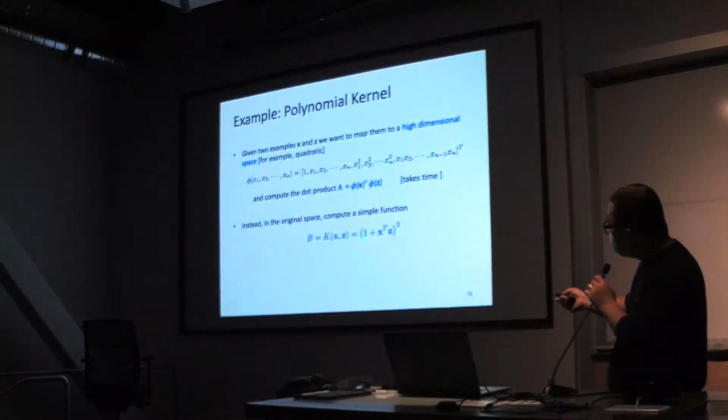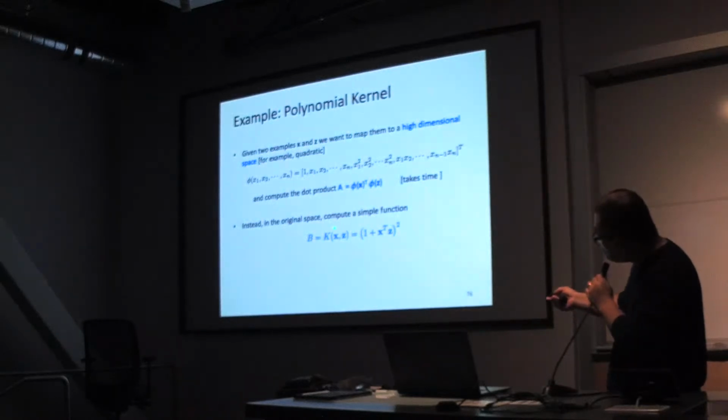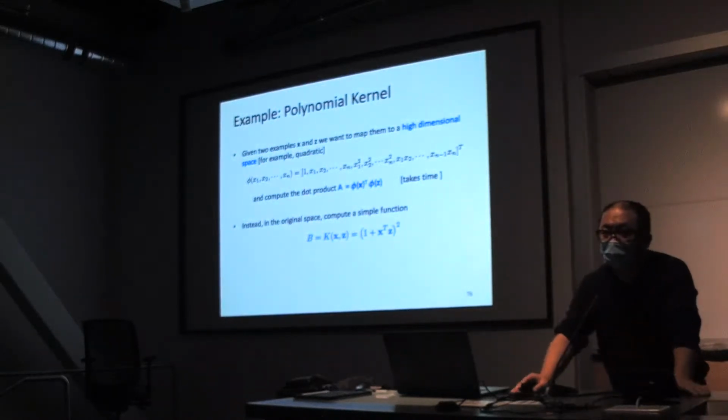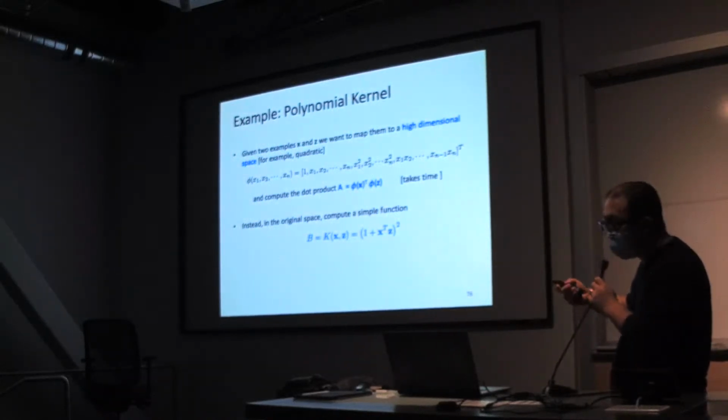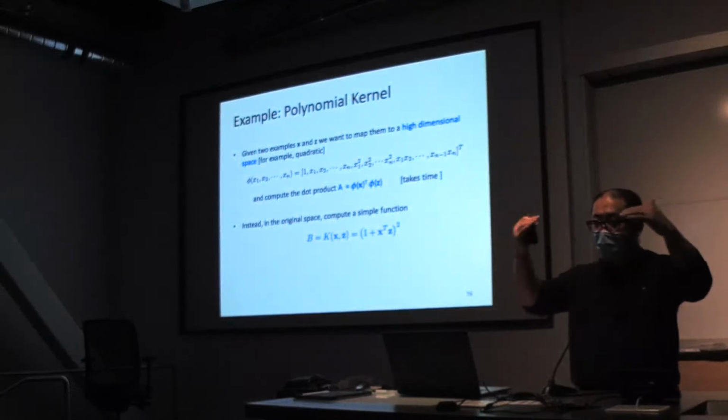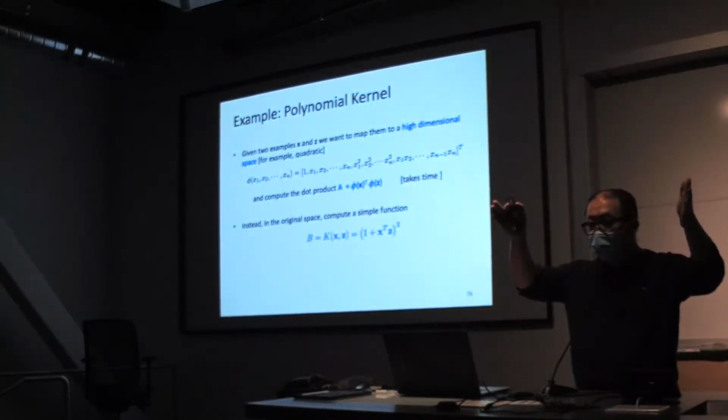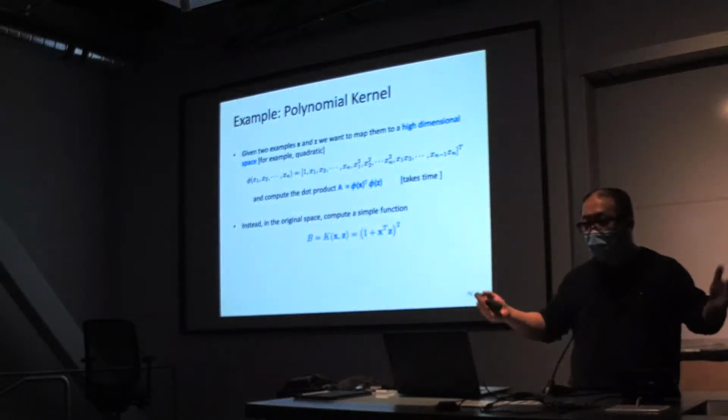We get a value, call it b. Now I want to ask, what's the time complexity to compute b? It should be n. Just n, because x is n-dimensional and z is n-dimensional. For the inner product, you just do the element-wise product between n pairs of elements and add them together, which takes O(n).